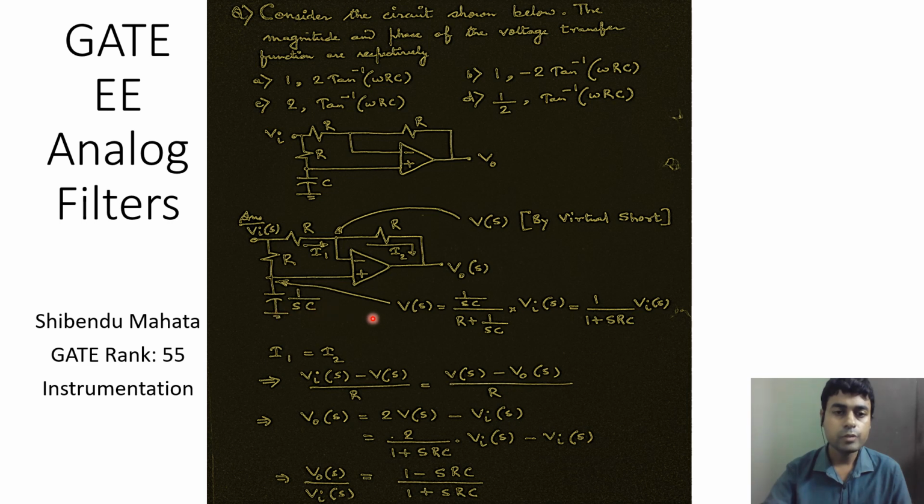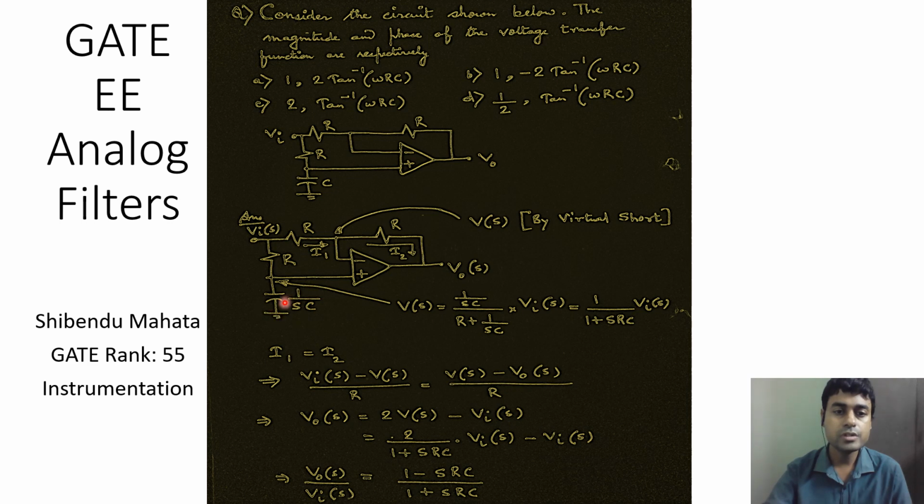Note that this is very similar to the approach we have used previously. If we had two resistances, let's say R1 and R2, forming a voltage divider, we would have framed this expression as this resistance divided by the summation of the two resistances multiplied by the input voltage.